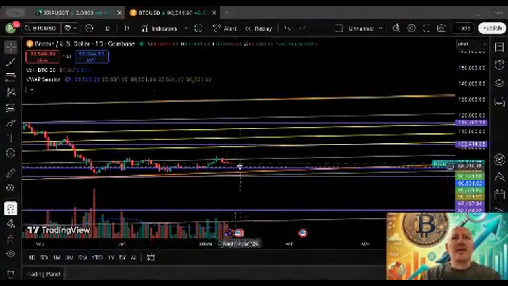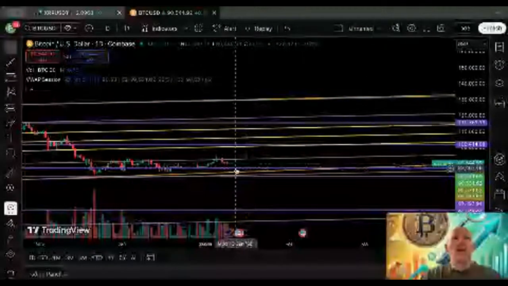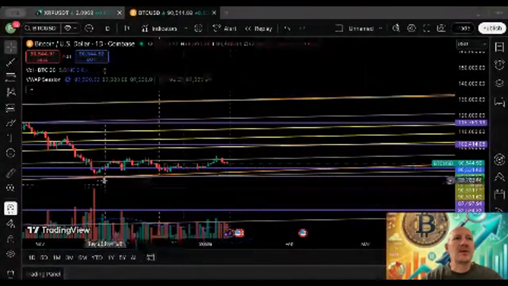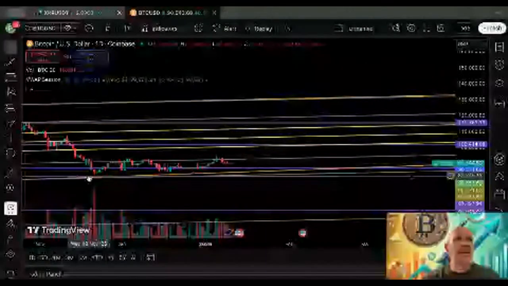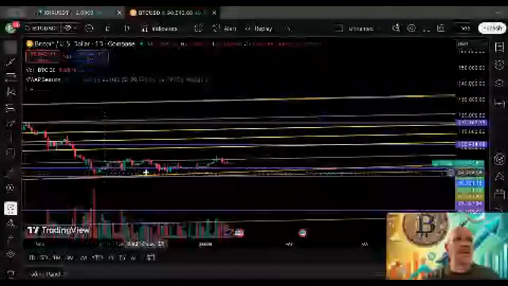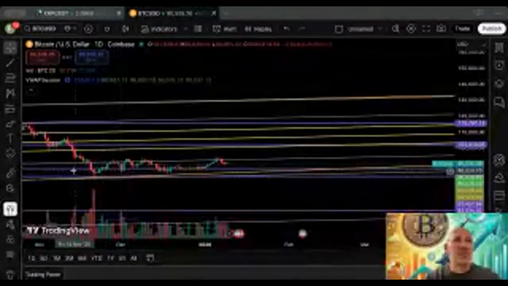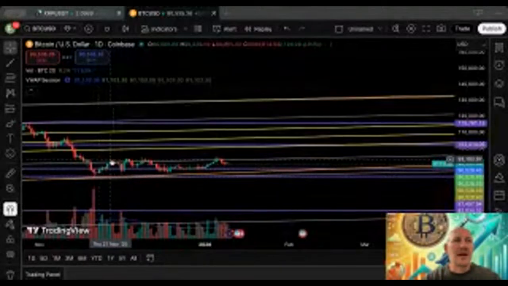So I'm thinking we'll probably find some support down here at this critical support level, because as you can see, every time we've dropped below it, we've come right back up above it as well. Drop below it, came back up.